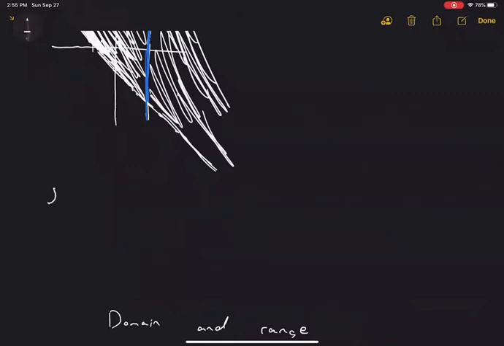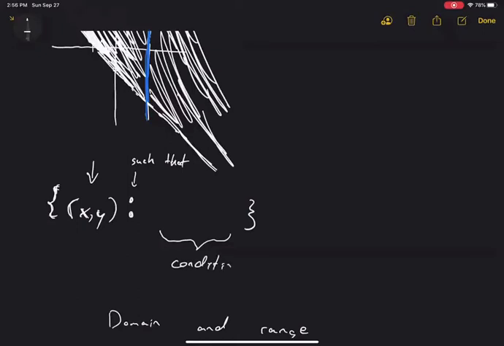So another way I could write this is I put braces, and then in my braces I put x, y. This is like saying we have these points x, y. Then you put a colon or a solid line, which is like saying "such that," and then you have a condition over here, the conditions your points x and y have to satisfy.